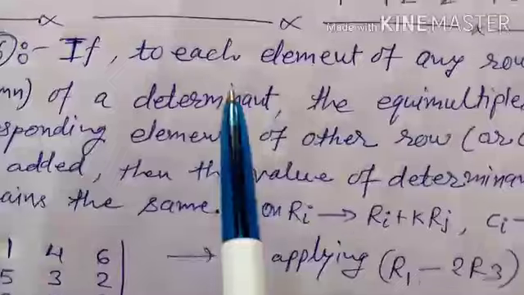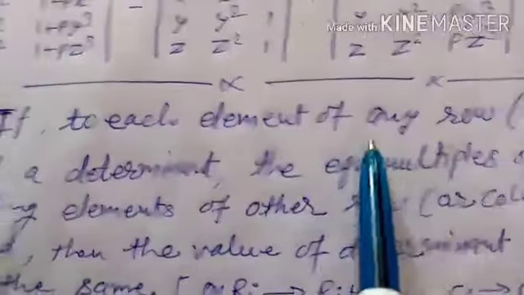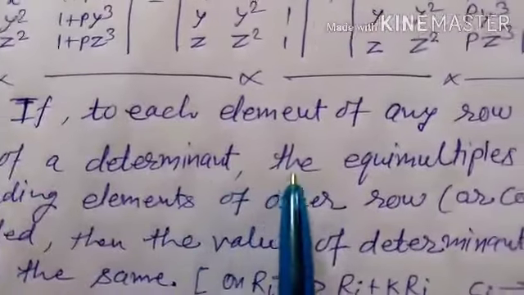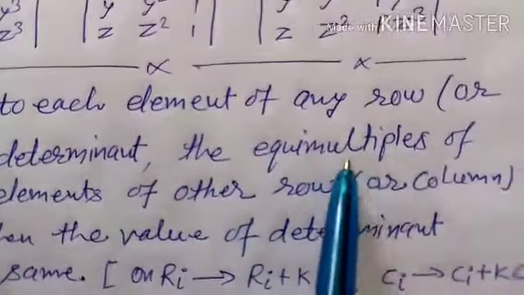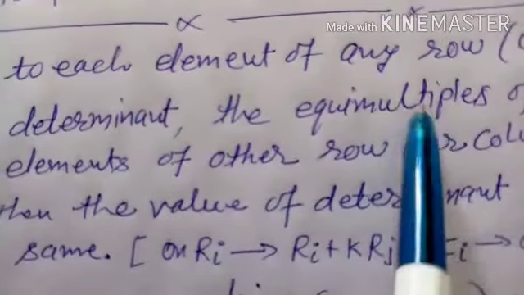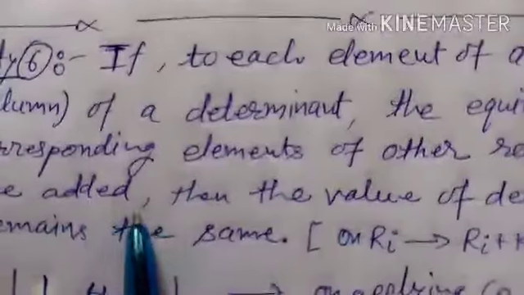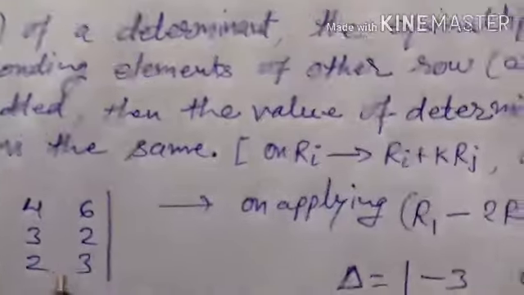Once again, listen carefully. To each element of any row of a determinant, the equimultiples of the corresponding elements of another row are added, then the value of the determinant remains same.